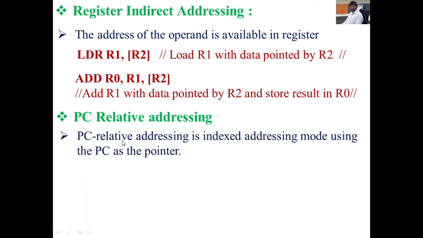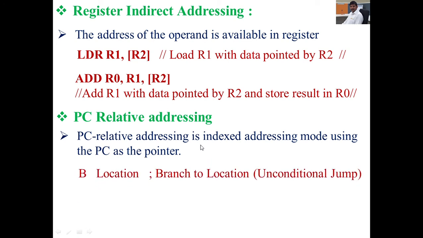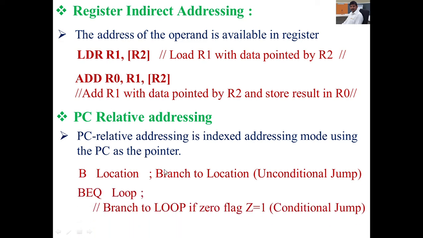Here PC relative addressing is an indexed addressing mode using the program counter as the pointer. B indicates branch. That branch directly jumps to whatever location we want to jump to. Here, whenever the zero flag equals 1, this branch jumps into the particular loop.